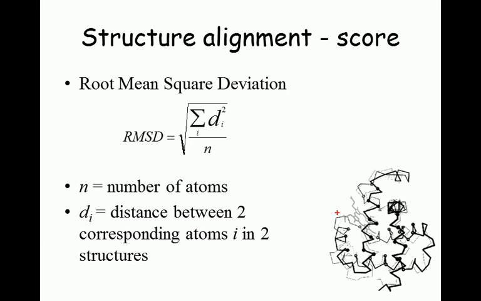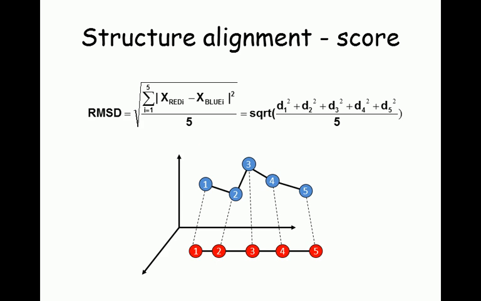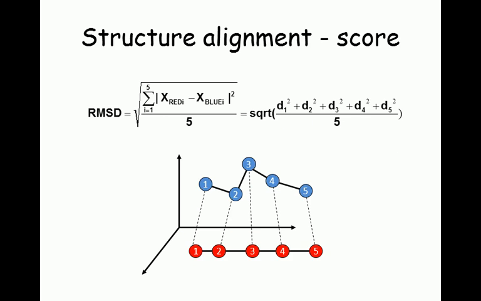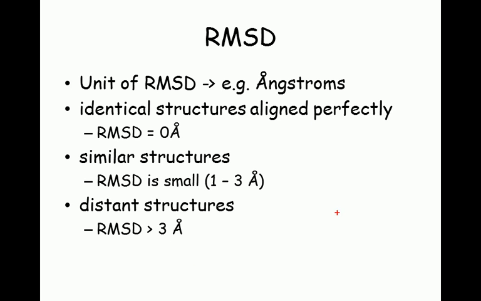Right. So the error measure that's most commonly reported is the root mean square deviation, where you take the distance squared between corresponding residues, so that's just the Euclidean distance, you add them up and you divide that by the number of residues that you are aligning. All right, so this is an example. If this is the alignment, you just take these distances, square them up, and divide them by 5, and take the square root.